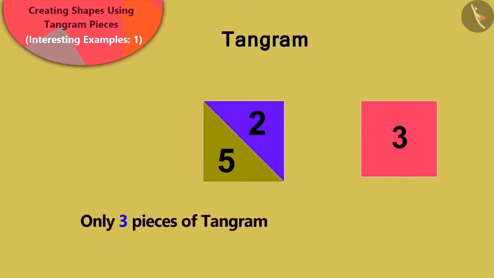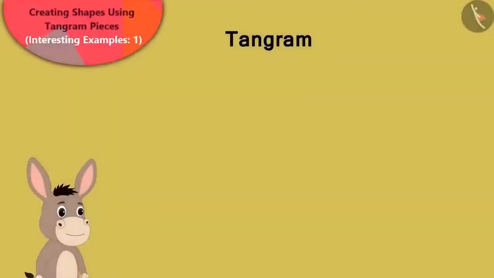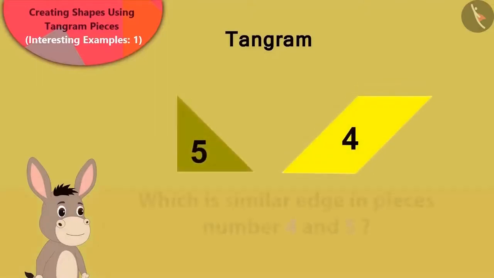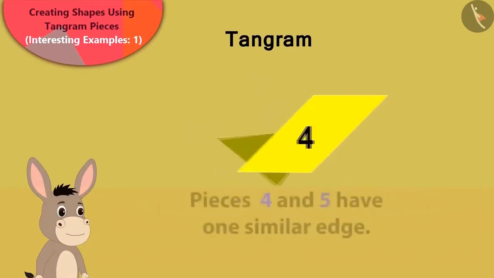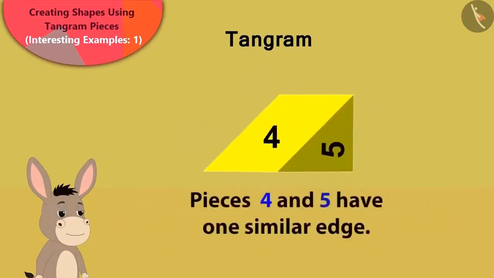Your answer is absolutely correct. Now Bhola said that pieces number 4 and 5 have one similar edge. Children, can you recognize them? Yes, this answer is absolutely correct.